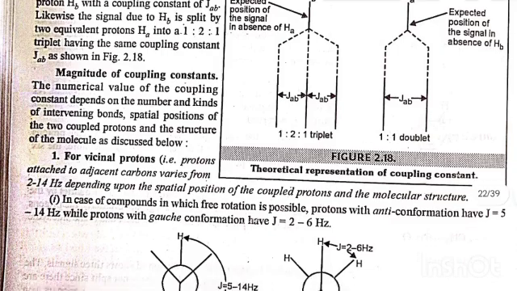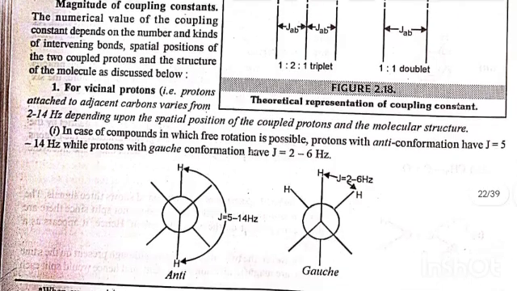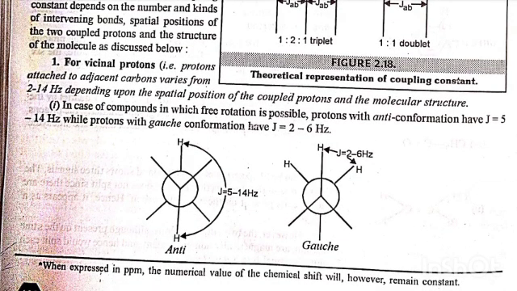Magnitude of coupling constant. The numerical value of the coupling constant depends on the number and kinds of intervening bonds, spatial positions of the two coupled protons, and the structure of the molecule, as discussed below. For vicinal protons, that is, protons attached to adjacent carbons, J varies from 2 to 14 Hz depending upon the spatial position of the coupled protons and the molecular structure.